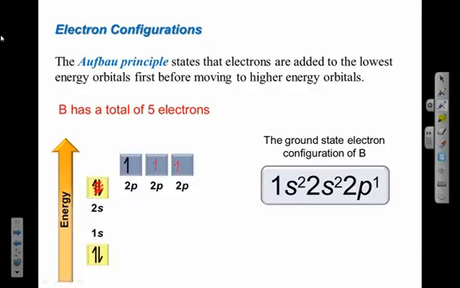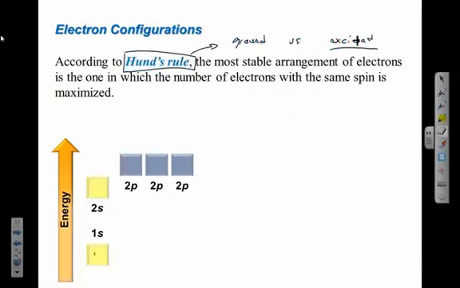If I've got space in the 2s, if I'm trying to give a ground state, I need to fill that up before I put electrons in the 2p because the 2s is lower in energy than the 2p. So I have to put electrons in the lower energy orbitals before I put them in higher energy orbitals. So that's Aufbau. Hund's rule governs a situation where the lower energy orbitals are already full, and I've got multiple orbitals that are equal in energy. How do I distribute the electrons in equal energy orbitals?